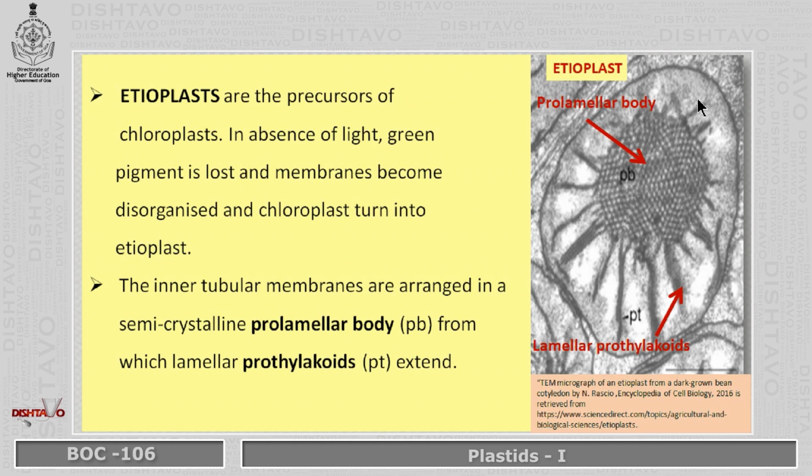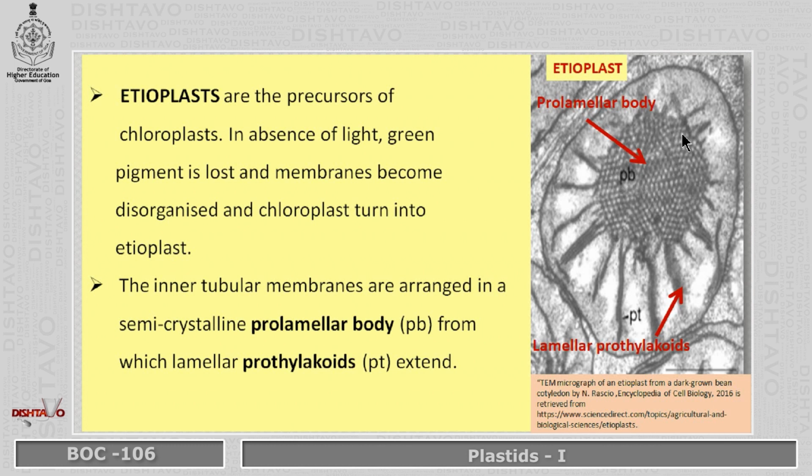So we come back to the etioplast. Etioplasts are large plastids which are not differentiated and don't have a well-developed structure. But you can see the prolamellar body in the center, and some extensions which are prothylakoids. These develop when they are formed in the absence of light.